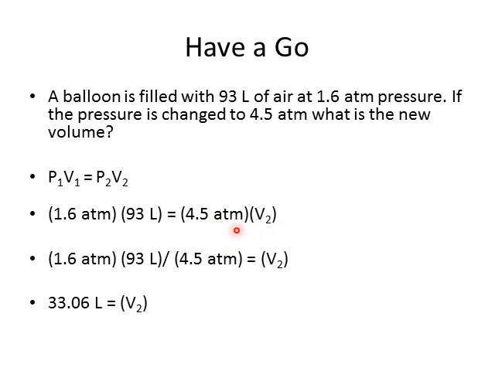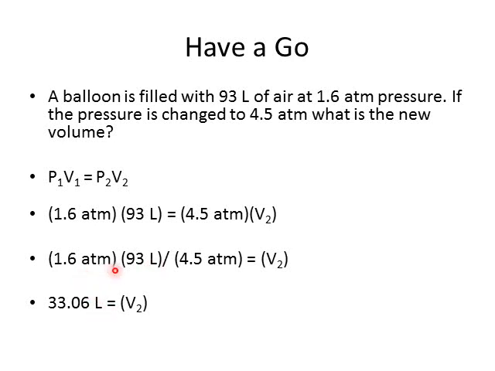So in order to get rid of it, I'm going to have to divide all the way across by 4.5. In doing so, I end up with 1.6 atmospheres multiplied by 93 litres, all divided by 4.5 atmospheres, is equal to my V2. Now I notice on the bottom line I have an atmosphere, and on the top line I have an atmosphere, so they will cancel each other out, leaving the only unit of measure as litres. So this tells you what your unit of measure has to be.